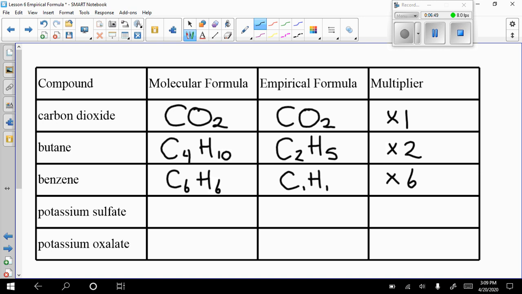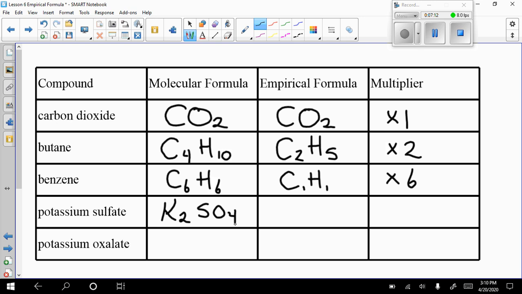Okay, potassium sulfate. You could also have empirical formulas for ionic compounds, and I wanted to emphasize that here. The first 3 I've done are covalent or molecular compounds, but you can also have it for ionic. Here, potassium sulfate is K2SO4.